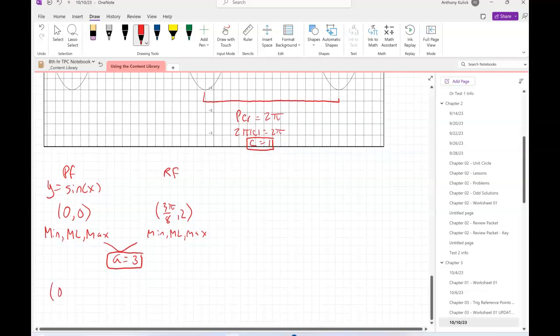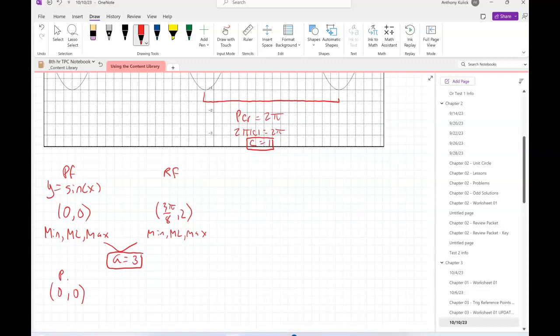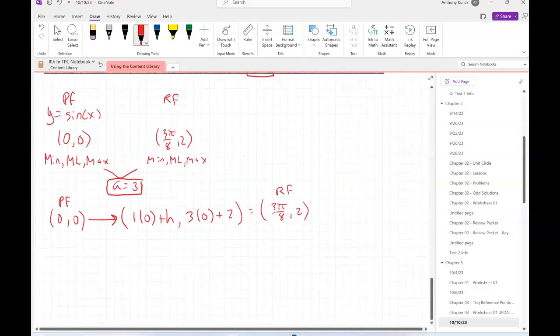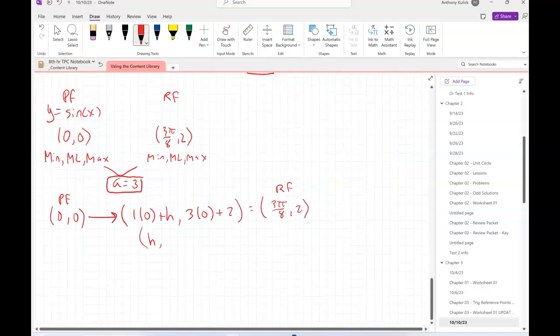Then we take my parent function point and transform it by doing C times X plus H, and A times Y plus K. And that should give me the point 3 pi over 8, 2. 1 times 0 plus h is just h. 3 times 0 plus 2 is just 2.